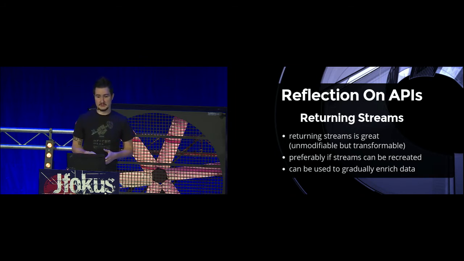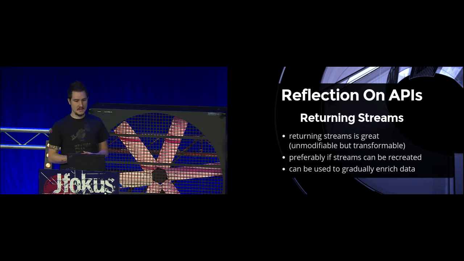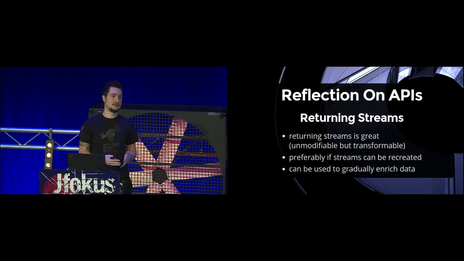And this is a really easy way to do that with streams. So preferably do that if the streams can be recreated, so you don't run into the problem that a client gets a stream and doesn't know whether he can get another, because some method internally might consume the stream once. And this can be used to gradually enrich the data, as I said.